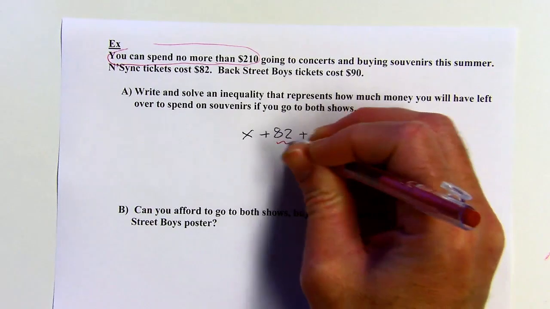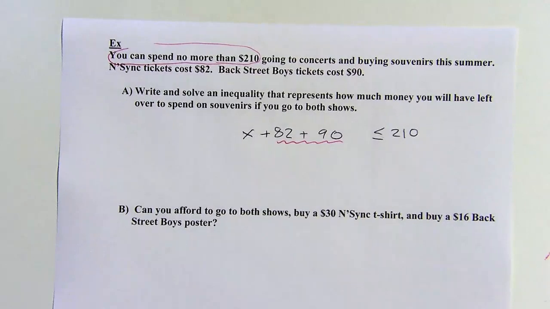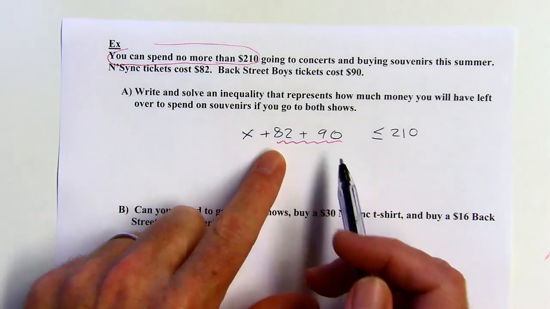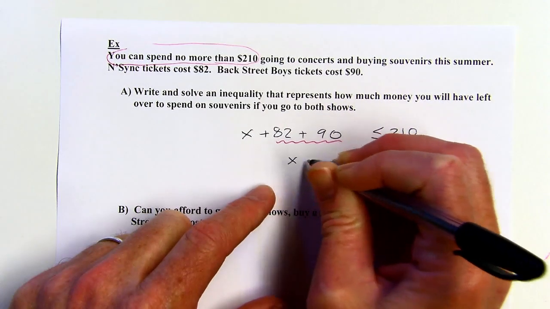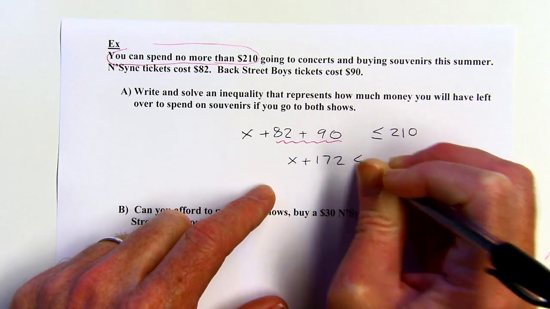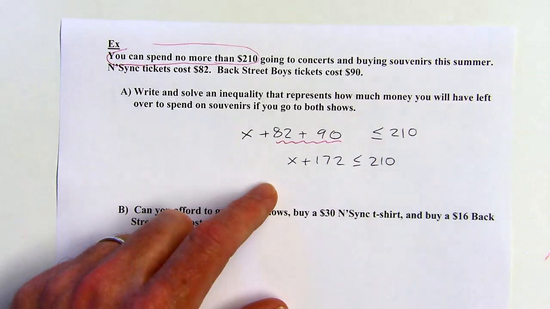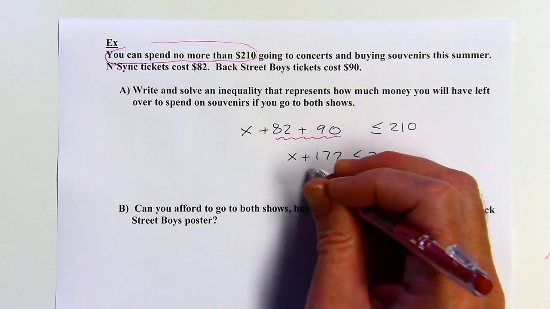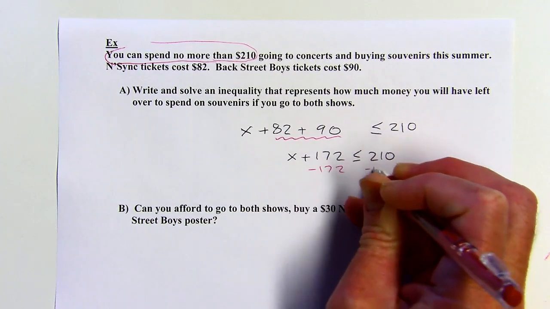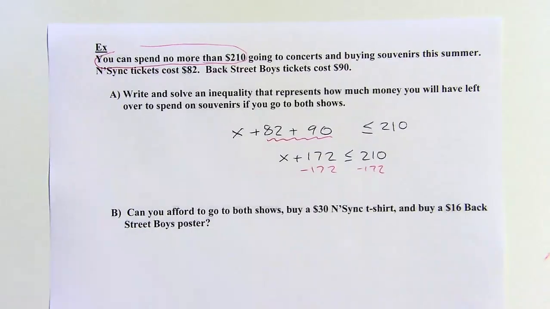Okay, so I'm going to combine these two numbers first, because they're like terms, right? So 82 and 90, that's going to be 172. Okay, and then I want to isolate the x, so I'm going to subtract 172 from both sides. So I'm using the subtraction property of inequality there.